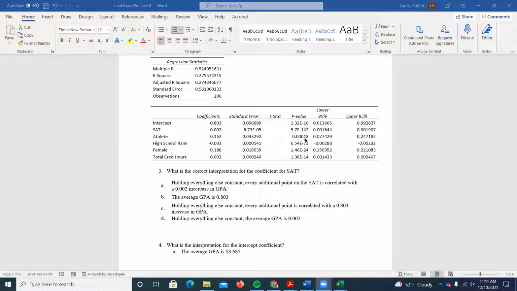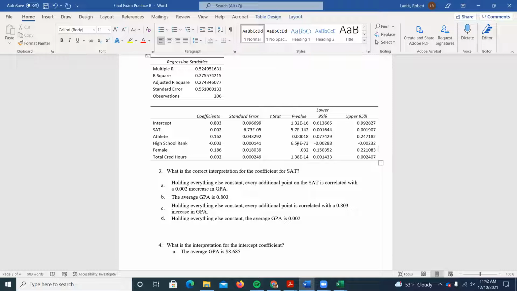If I look, these e to the negatives, remember, these are basically p-values of 0. So every variable I included here has a p-value of 0, so I could say all of them are significant. Now, I don't know if I'll be as friendly on the exam as that. I might have something where you've got p-values in different ranges. Here, all the p-values were 0, so it didn't matter what level of confidence I wanted to reject the null with. It was going to be less than any alpha.